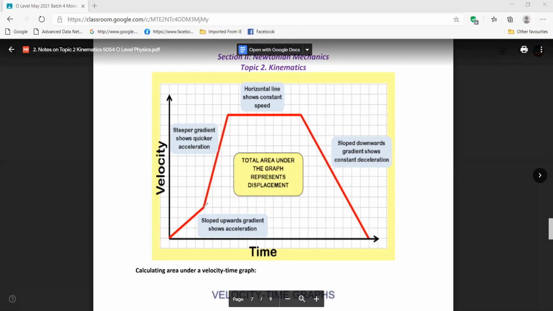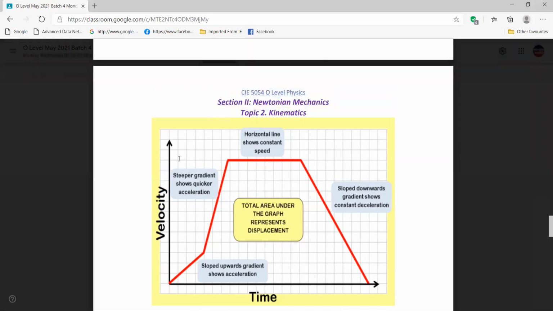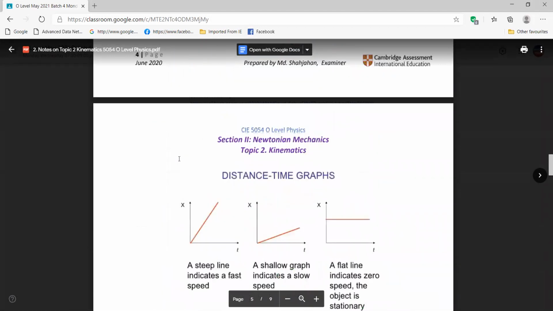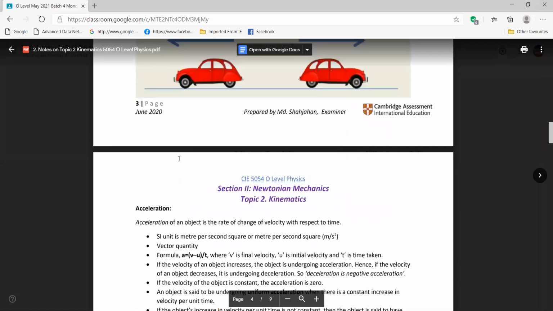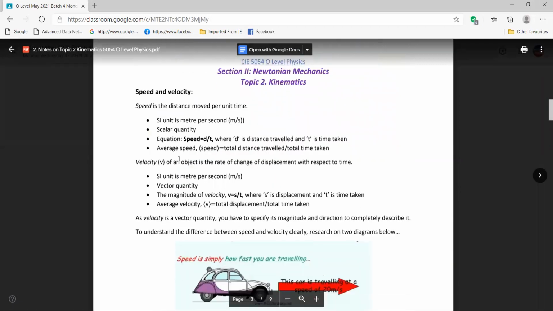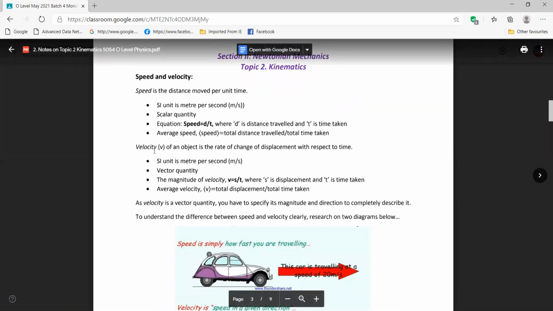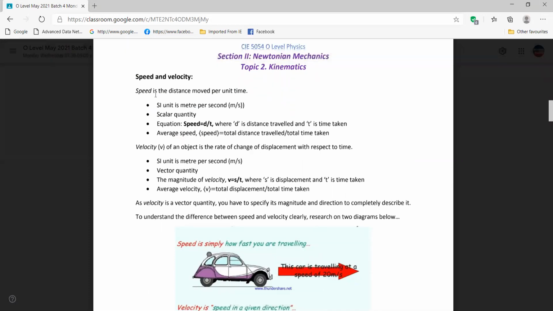That's why I wanted to discuss from the beginning. As you are confused about it, sir, the area gives us the distance, isn't it? Listen. Here we have the ideas. Look, the definition of speed and velocity. Can you read speed? Yes, sir. Read loudly. Sir, speed is the distance moved per unit time. And velocity?